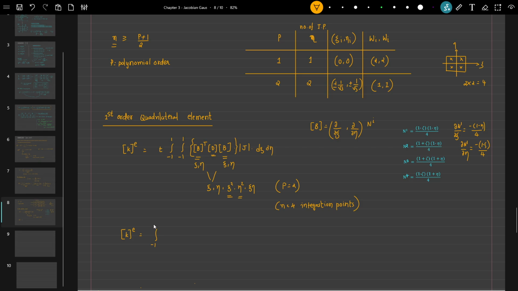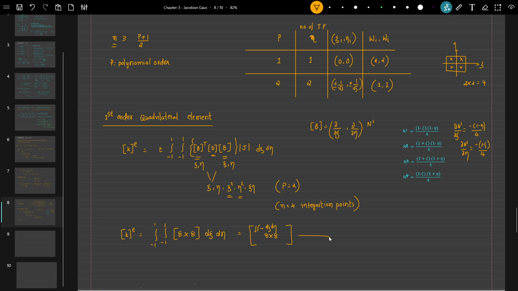So I'll just put minus 1 to 1, minus 1 to 1, this is 8 by 8, and d zeta d eta. So this integration, as we know, will go into each term of this matrix, and we have double integrals for 64 terms. And this is the double integration.